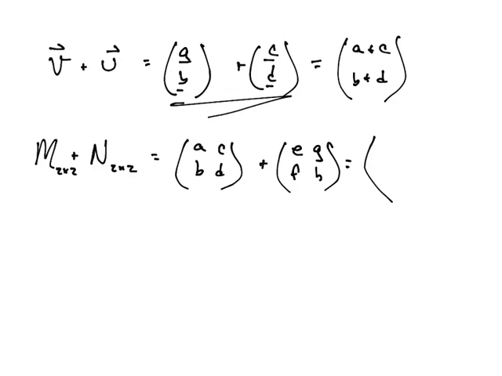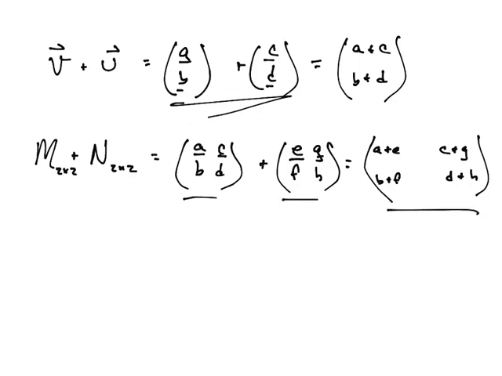The first element is the first element here plus the first element here, A plus E. Okay, so that's some number. All right, the next one, C plus G. So over here is C plus G. Then B plus F, and of course D plus H. Okay, so I have a 2 by 2 matrix plus a 2 by 2 matrix.